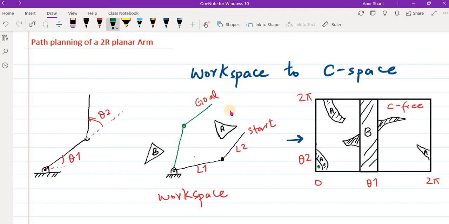and when the link 1 also has a small angle and link 2 also a small angle, so this is our start point here.